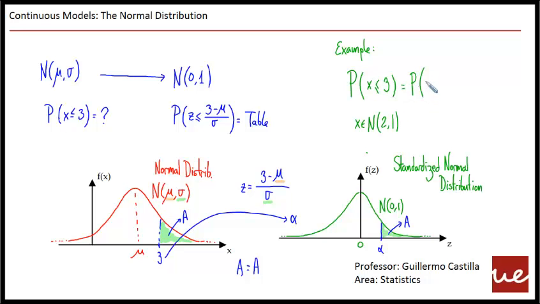This is just an example. We could use any numbers. The 3, the 2, and the 1 are just generic numbers we're going to use to explain this.